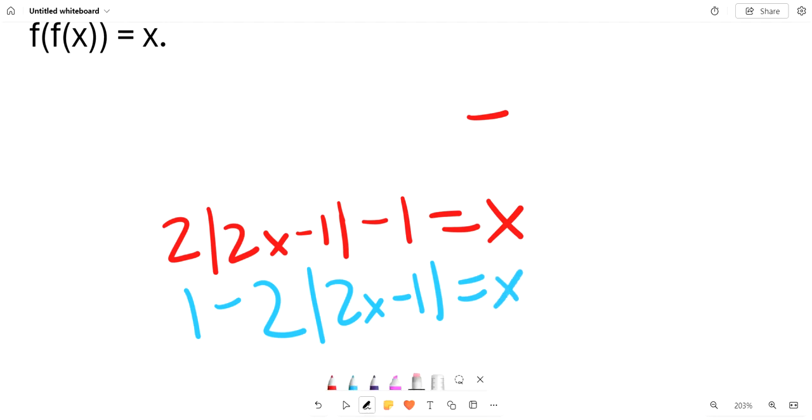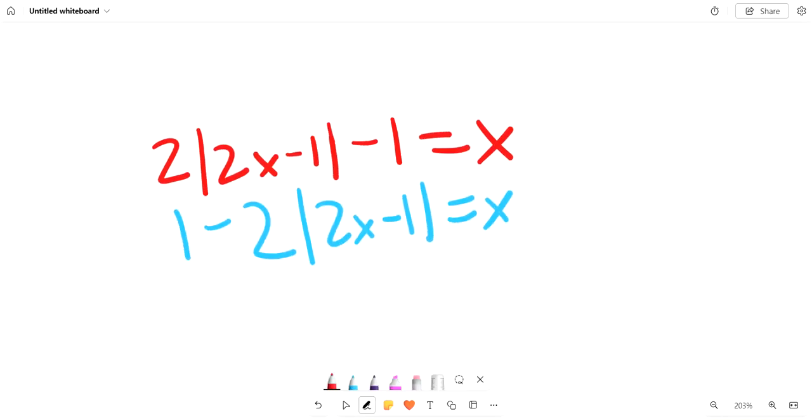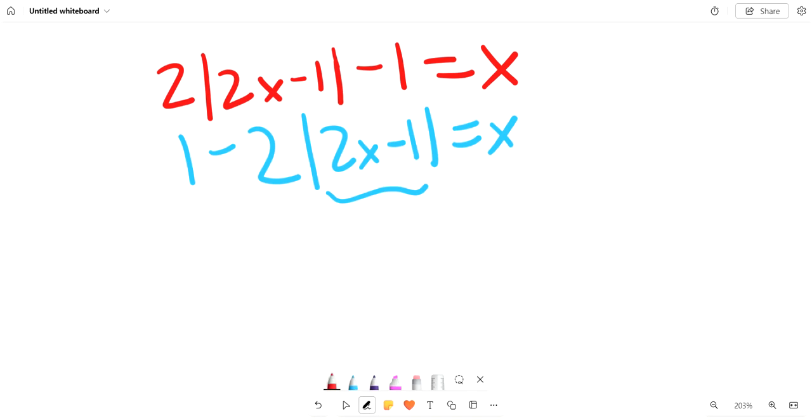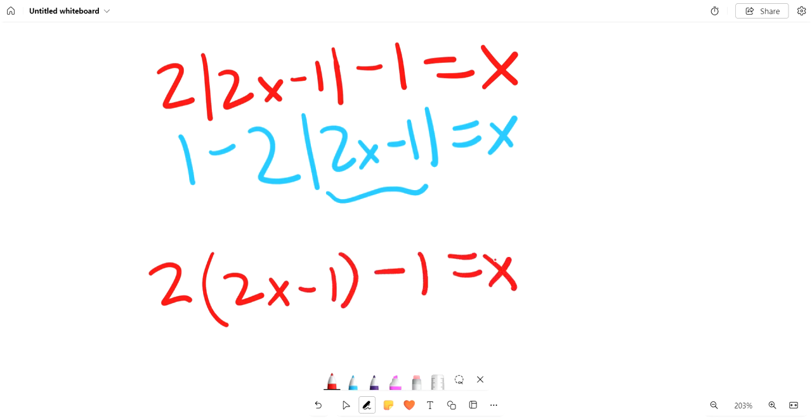So now from these two, we can create another equation because we have absolute values in it. And we could just say, if the 2x minus 1 is greater than 0, we have another two equations. So we first have 2 times 2x minus 1 equals x, and 1 minus 2 times 2x minus 1 equals x.